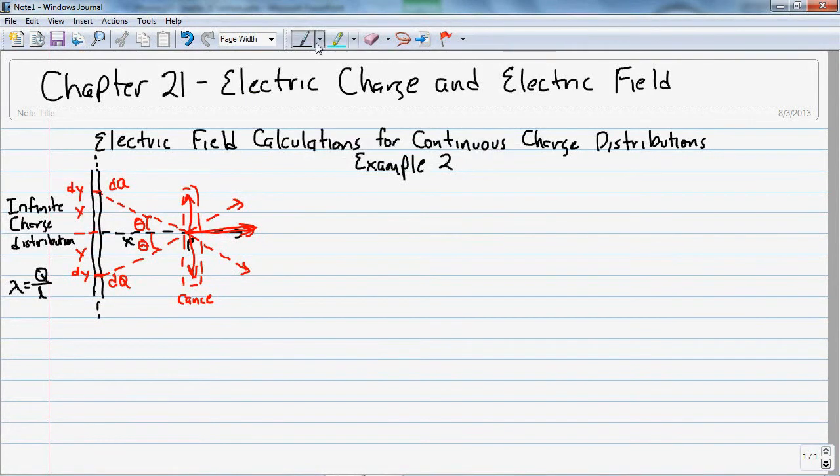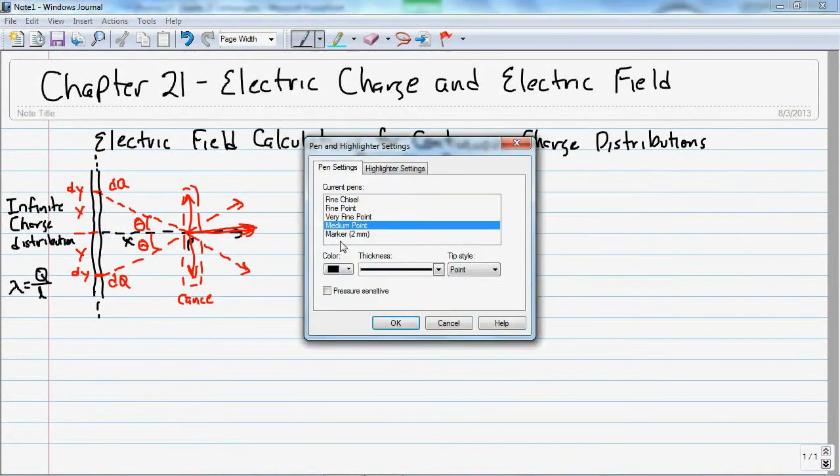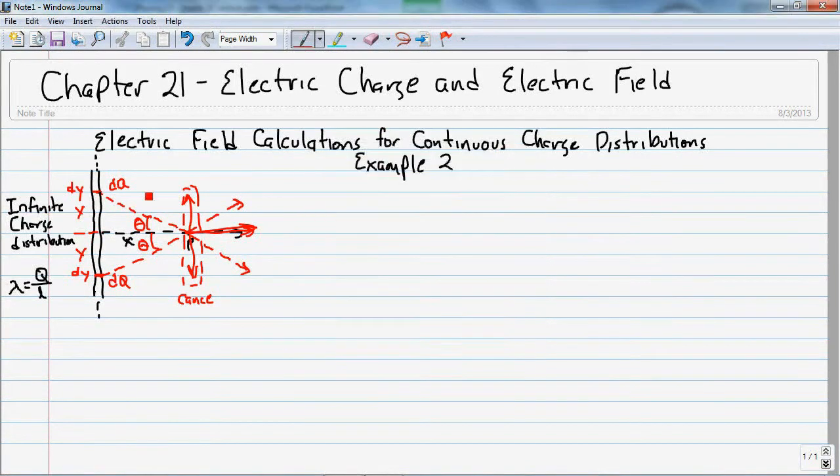The only other point that I really need to know is this distance from the differential length to the point, that's r. And r, in the right triangle, is the hypotenuse, so this is going to be the square root of x squared plus y squared.